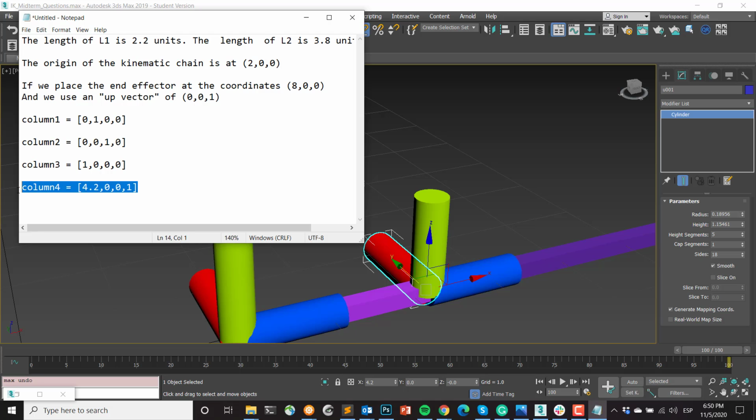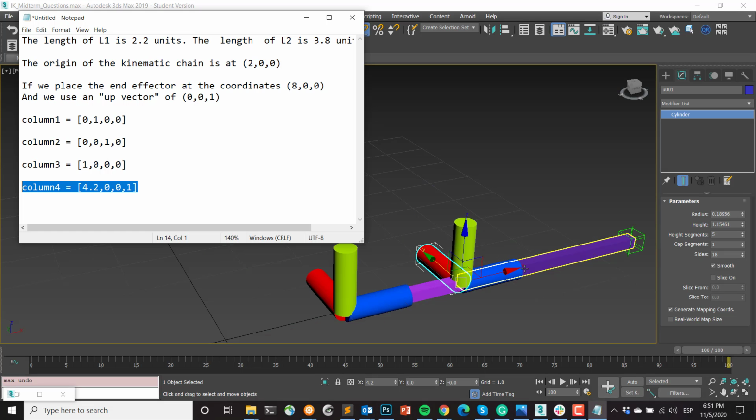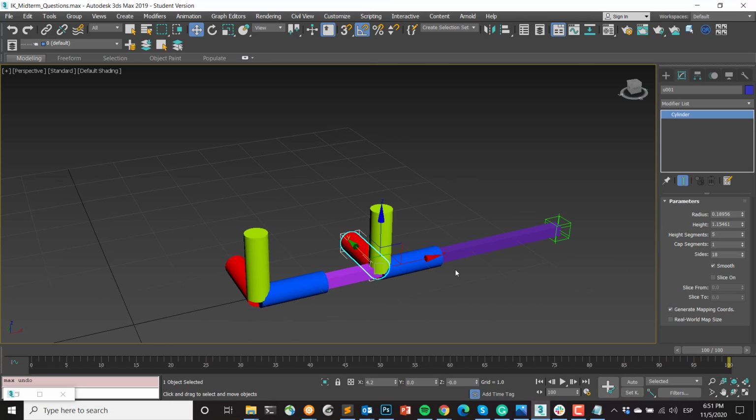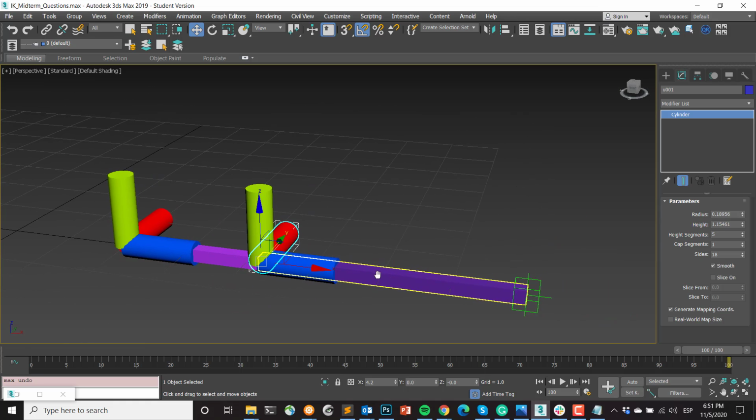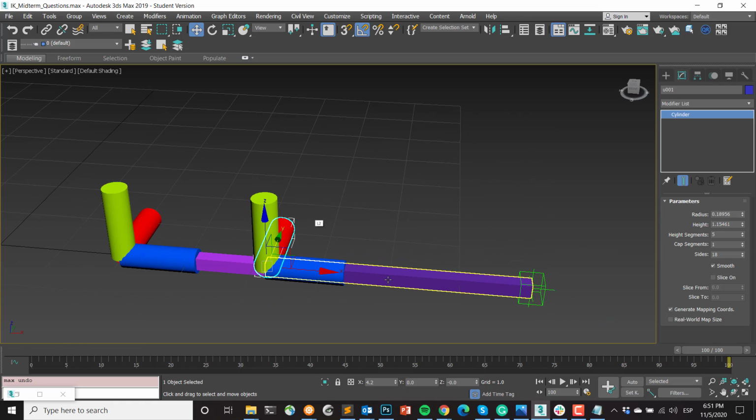The fourth column is also kind of tricky, because the way we solve the inverse kinematic problem in the video, at least with this technique of solving inverse kinematics, is by computing the transformation matrix for these links, but in world coordinates.